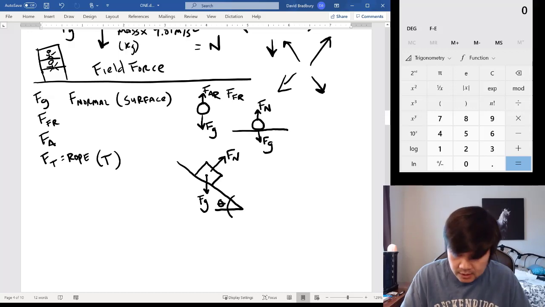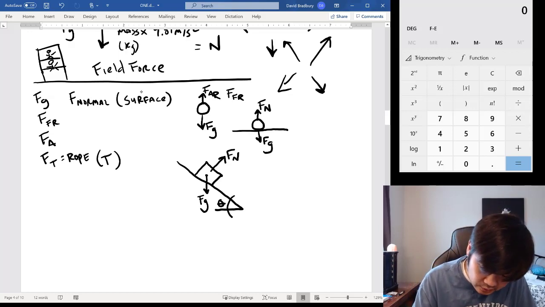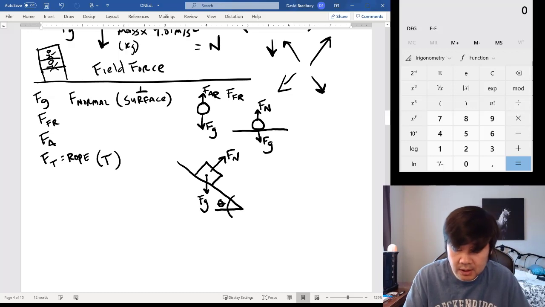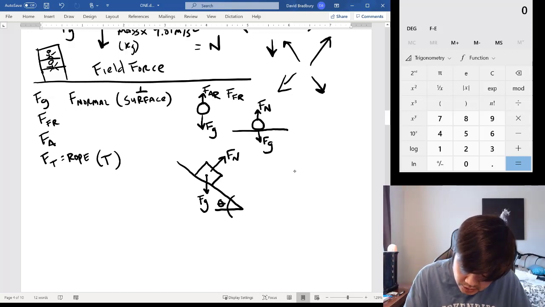All right. Now, if you notice, the normal force must always be perpendicular to the surface. So let's add that over here. The normal force must be perpendicular to the surface, which reinforces the idea that it's the surface that causes that normal force.